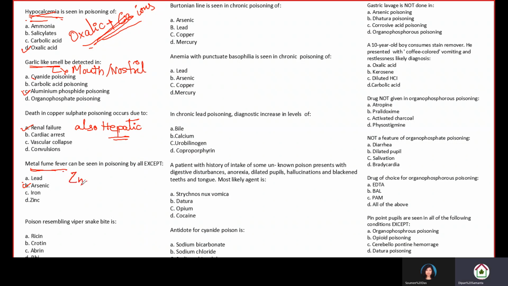Fumes of zinc, copper, magnesium, nickel, mercury, lead, iron, silver, chromium, cadmium, cobalt, antimony, manganese.